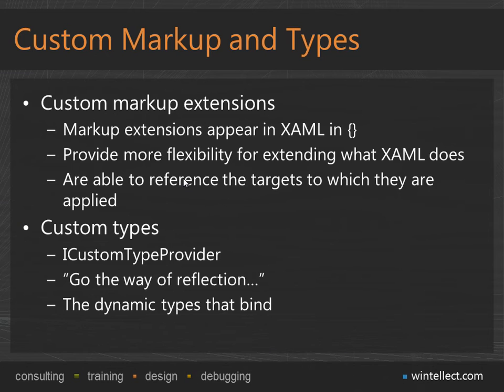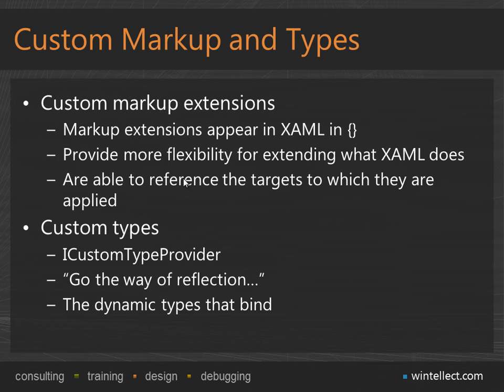So let's get into some of the more complex. I'm doing a time check here, so we've got, it's like 15 minutes. So custom markup and types. Custom markup extensions are cool. They're groovy, they're flexible, they do a lot for us. So in that XAML markup where we're creating all these classes, we used to be bound by whatever Silverlight shipped for what we can do.